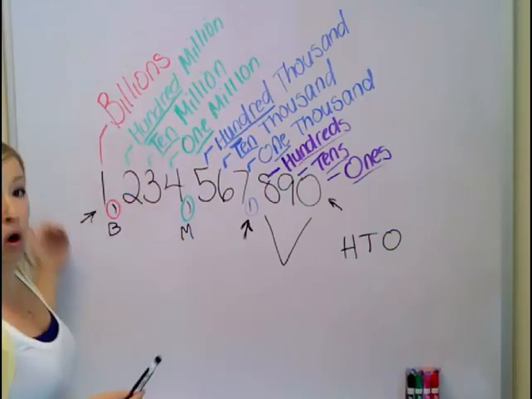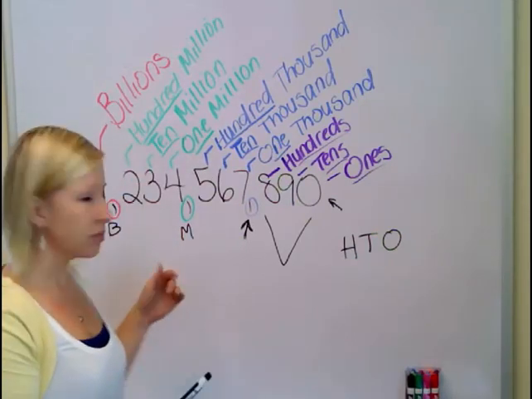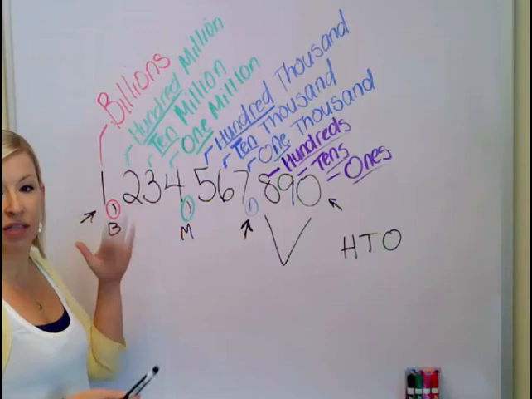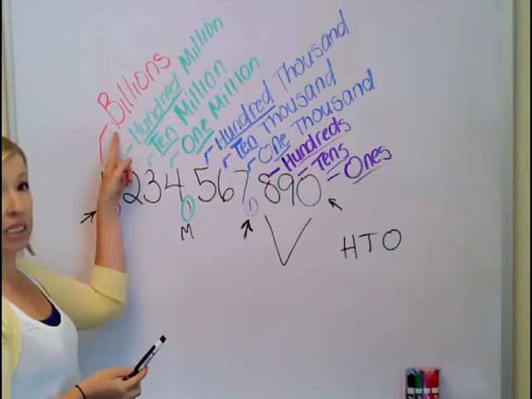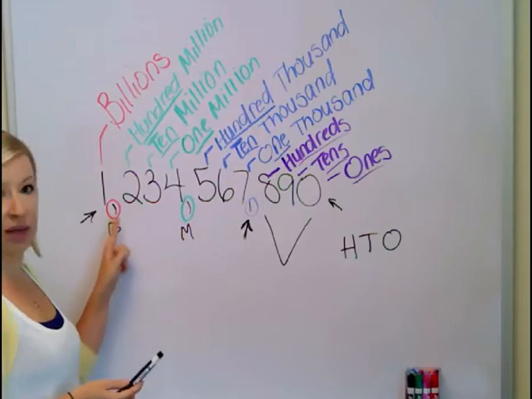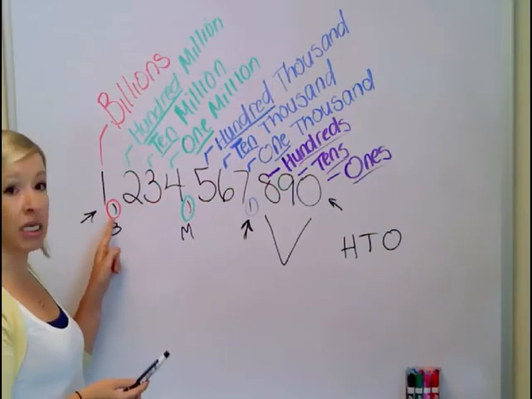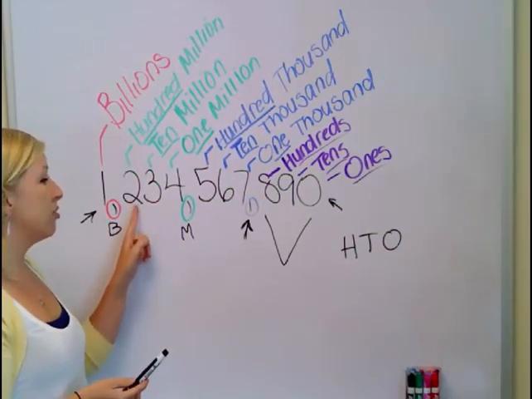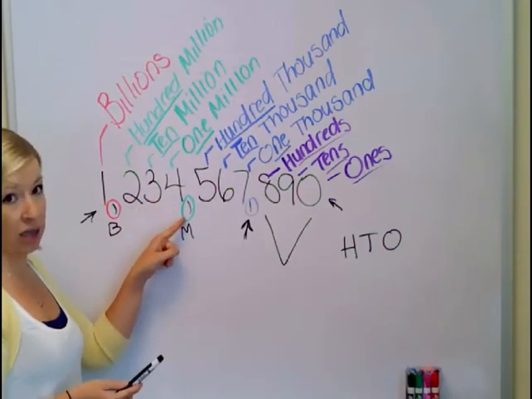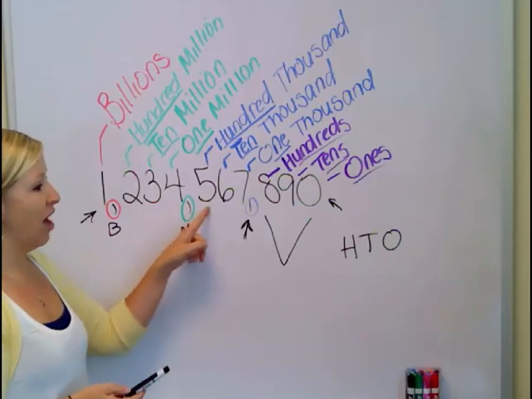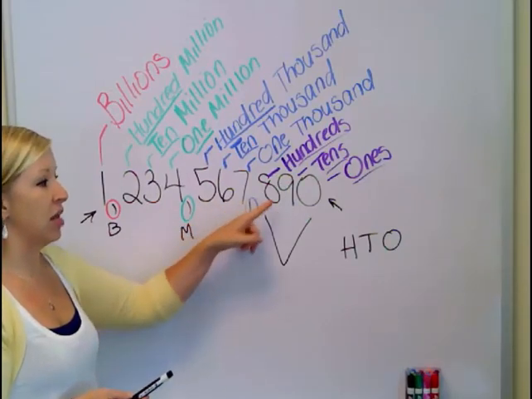If I use this whole big large number, I get 1 billion, here's the comma, tells me what name I have to say, 1,234,000,000, the comma tells you to say the name, 567,890.